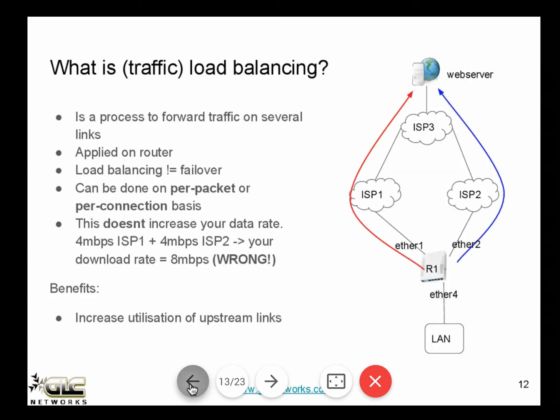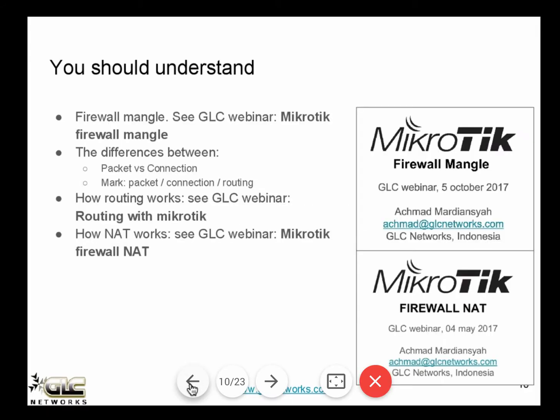Because it's advanced, you need to have the basics, and we assume you already understand the difference between packet, connection, and marking. I understand that if you learn like this, it's like jumping here and there, which is not good.